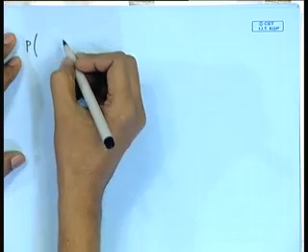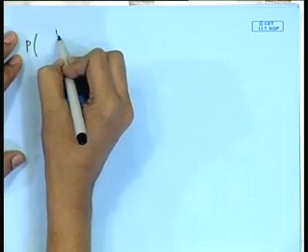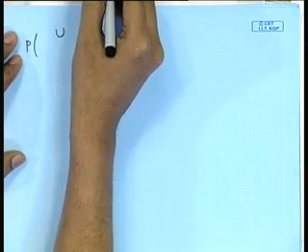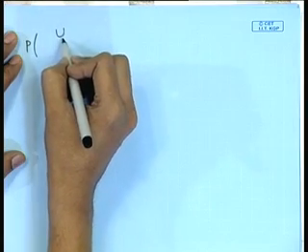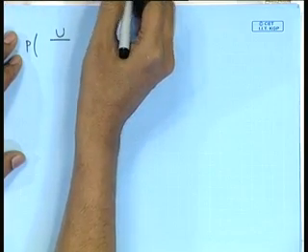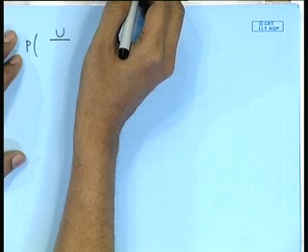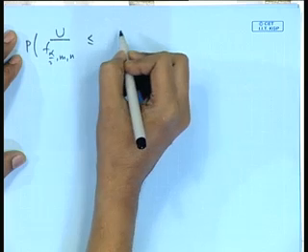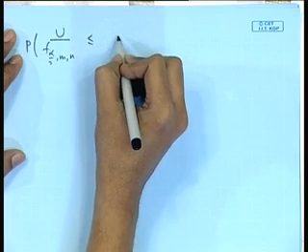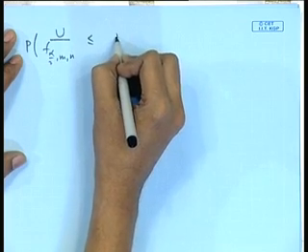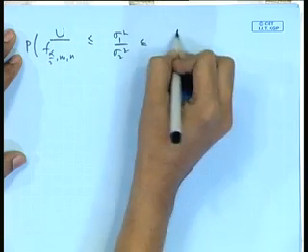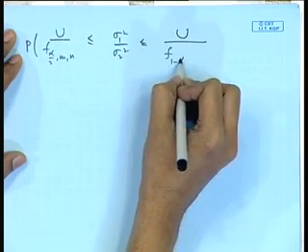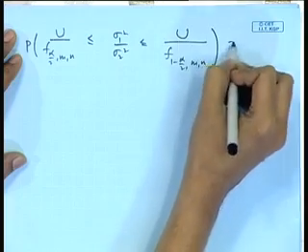So, we can write probability of u divided by f of alpha by 2 m n less than or equal to sigma 1 square by sigma 2 square, that is 1 by psi, less than or equal to u divided by f 1 minus alpha by 2 m n, that is equal to 1 minus alpha.